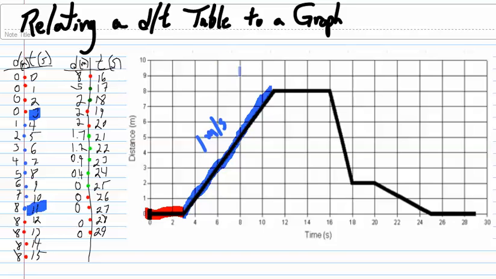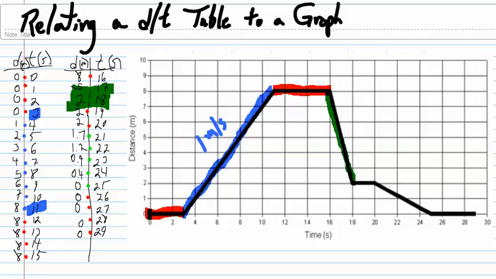Anyway, what happens after that? From 12 to looks like 17 seconds, 16 seconds, I'm sorry, the graph is flat again because the object is sitting still. And then what happened around here in this chunk right here, it went really fast back home, and that's this part right here.